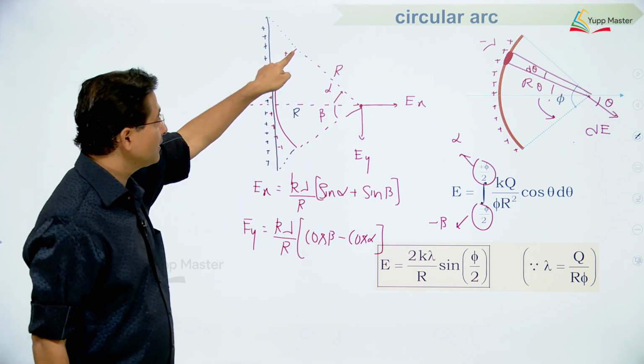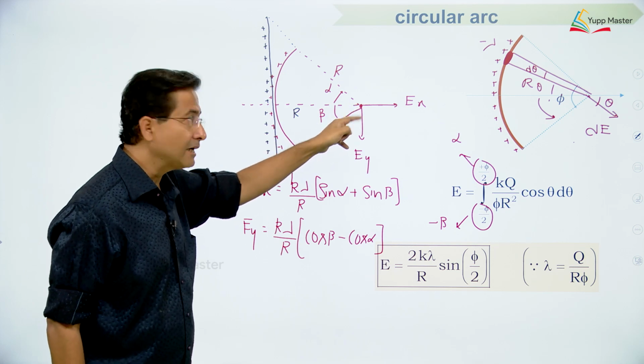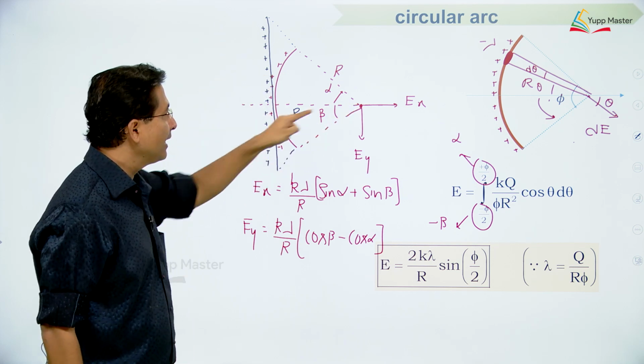That means whatever be the field produced by this arc at this particular point, the same will be the field produced by this straight wire at this particular point.